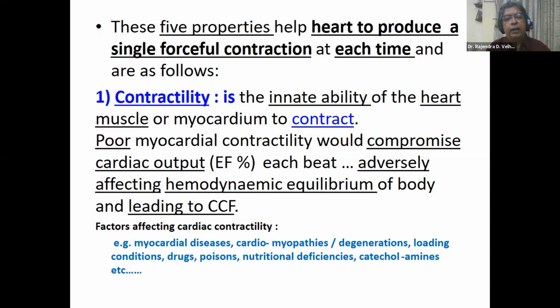And when the myocardial contractility is poor, it compromises the cardiac output or the ejection fraction during each beat, and therefore adversely affects the hemodynamic balance of the patient's body, leading to congestive cardiac failure.